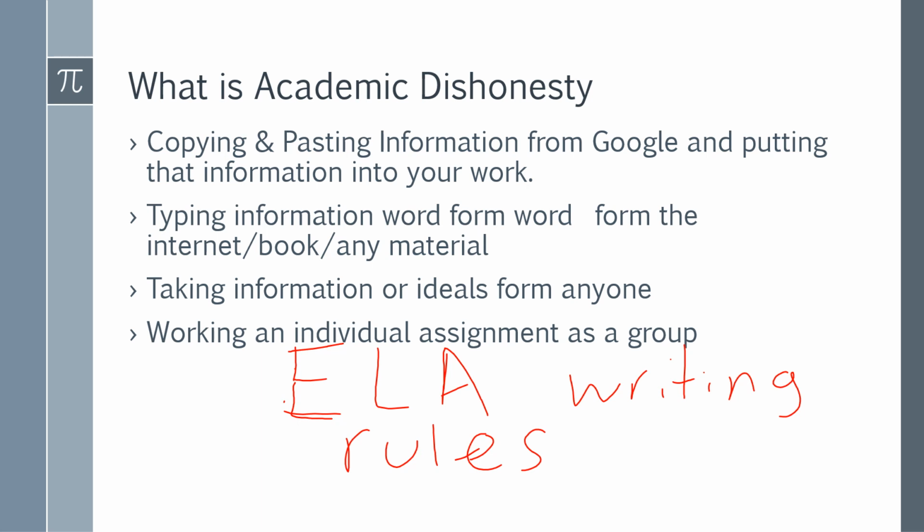When you copy and take stuff from people, that's being dishonest. So it's stealing. Academic dishonesty is stealing someone else's work. Even if they gave you permission, it's not your work. All right? And the ELA class has taught you how to give credit to people you got information from, but we can discuss that later.